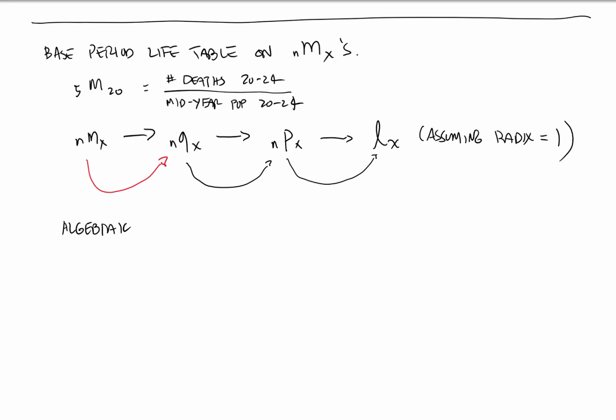It turns out that in order to do this conversion, you can do it geometrically or algebraically. What we want to do is describe nQx as a function of the things that we know, which are basically the nMx's.